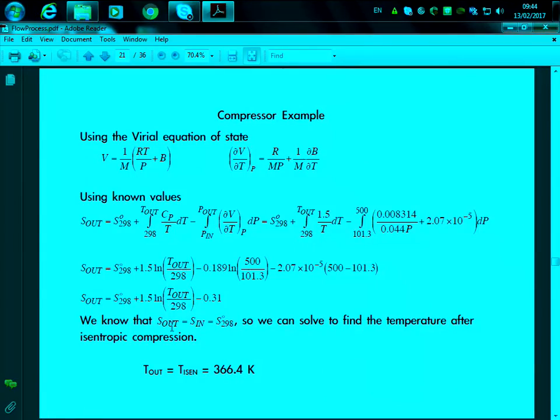So this can go to the other side and will give delta S, which will be equal to 0, and we're able to take out the temperature and solve for the temperature. Is that clear? Why don't you do this step, going from this equation to the actual temperature, and you tell me if you get the same value, please. I'll give you 5 minutes to do that.